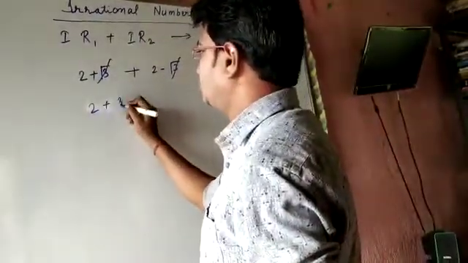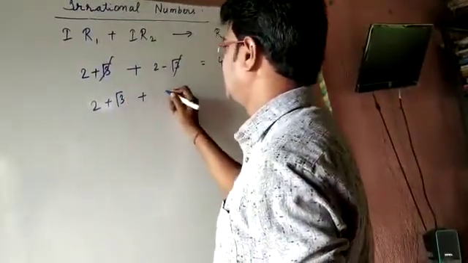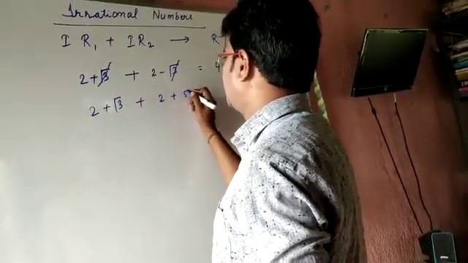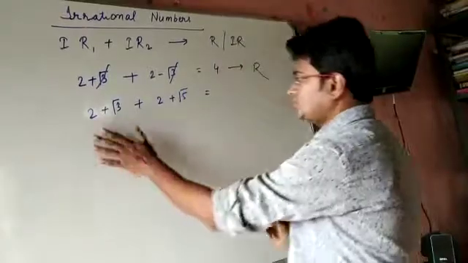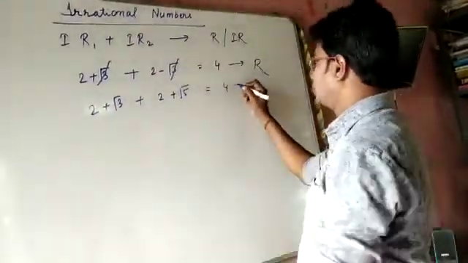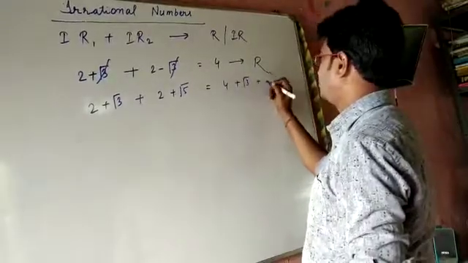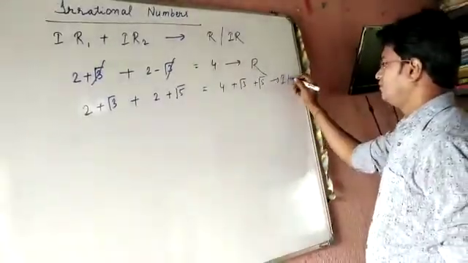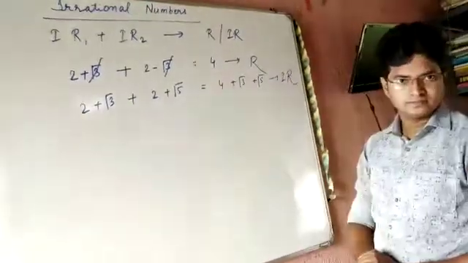And 2 plus root 3 plus 2 plus root 5. If you are asked to add these two numbers, 2 plus 2 is 4, here you are getting root 3 and here you are getting root 5. So this is the answer, and this is an example of an irrational number.